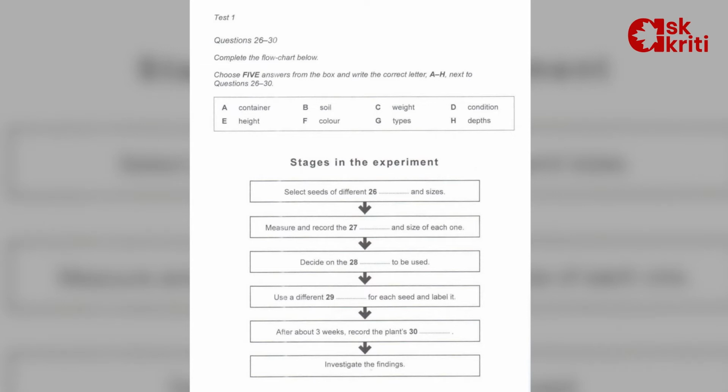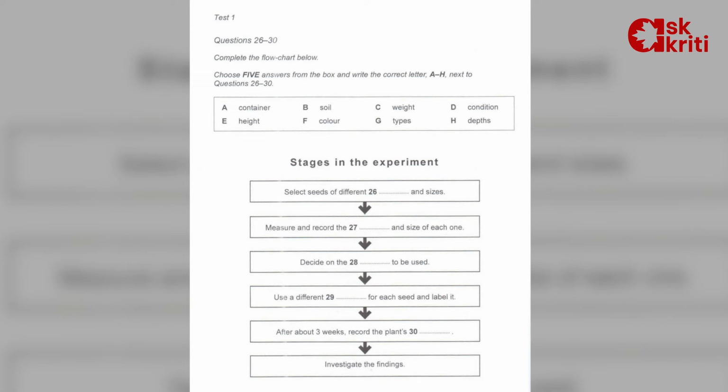There'll be quite a large number of seeds for each one. Then for each seed, we need to find out how much it weighs and also measure its dimensions. And we need to keep a careful record of all that. That'll be quite time-consuming. And we also need to decide how deep we're going to plant the seeds, right on the surface, a few millimetres down or several centimetres.